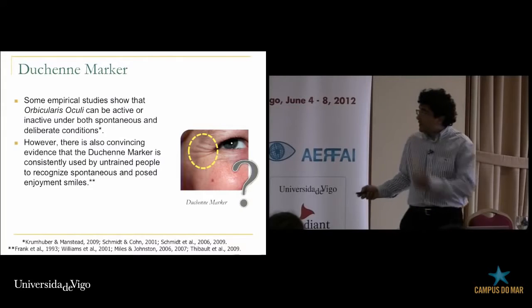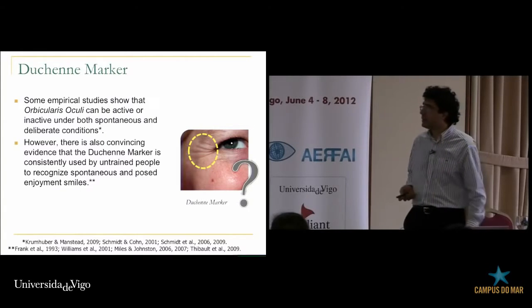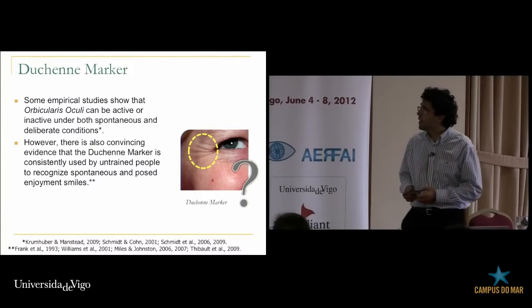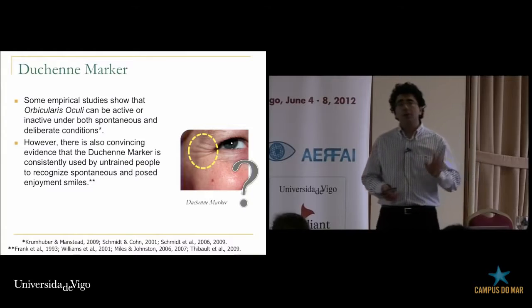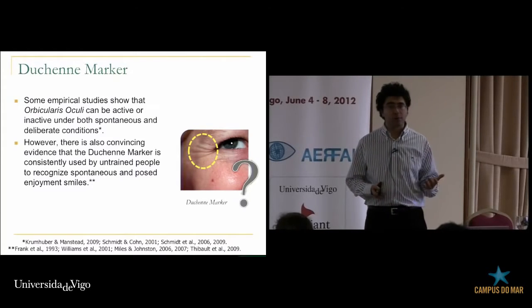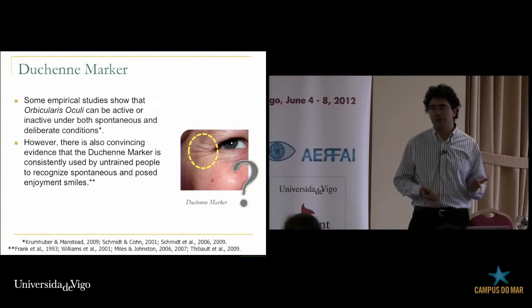There is recently also convincing evidence that this Duchenne marker, this crow's feet, is consistently used by untrained people to recognize spontaneous enjoyment smiles versus posed smiles, but it's not 100% reliable. People can do posed smiles with this muscle, or people can smile genuinely without this muscle.